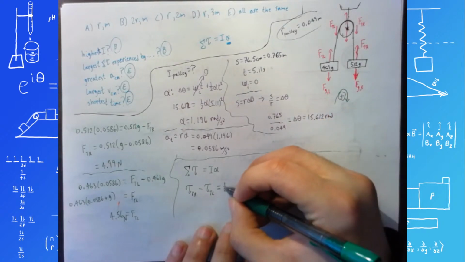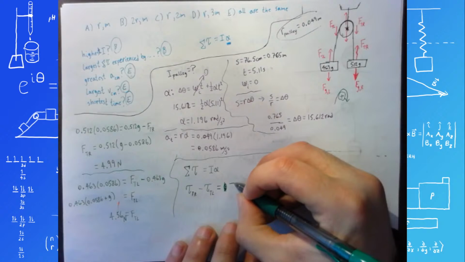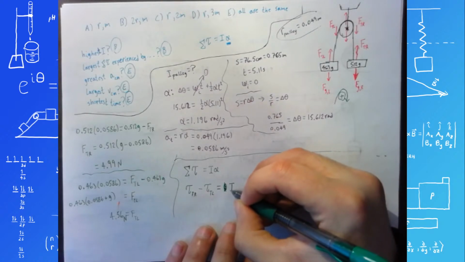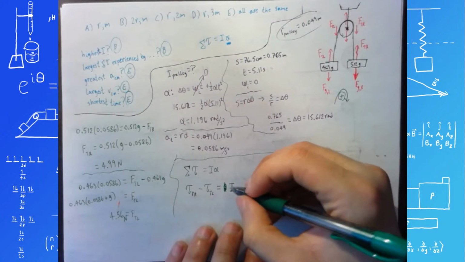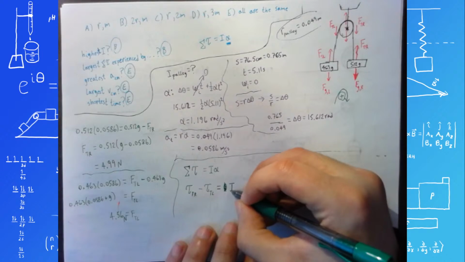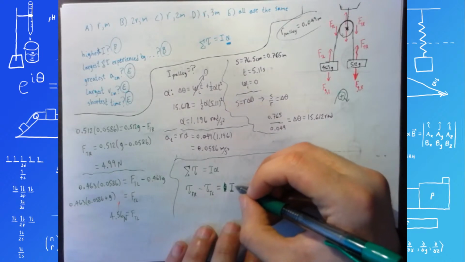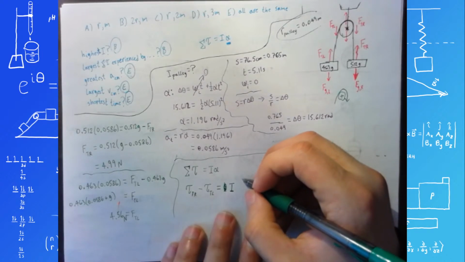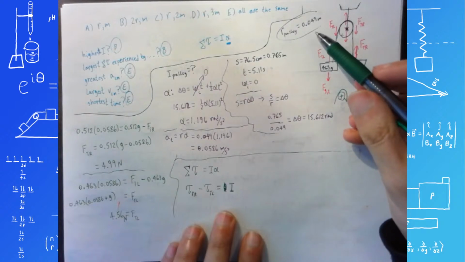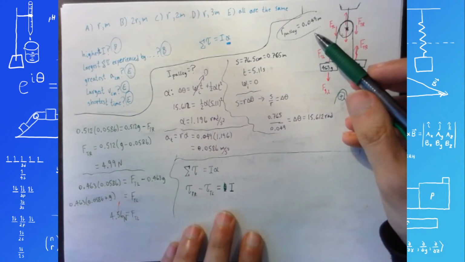And we already said earlier that these other two forces on the pulley create no torque around the center. And for the moment of inertia of the pulley, it'll be 1/2 of its mass. Oh wait, actually, we don't know its mass. So we don't have to treat the pulley like a cylinder.